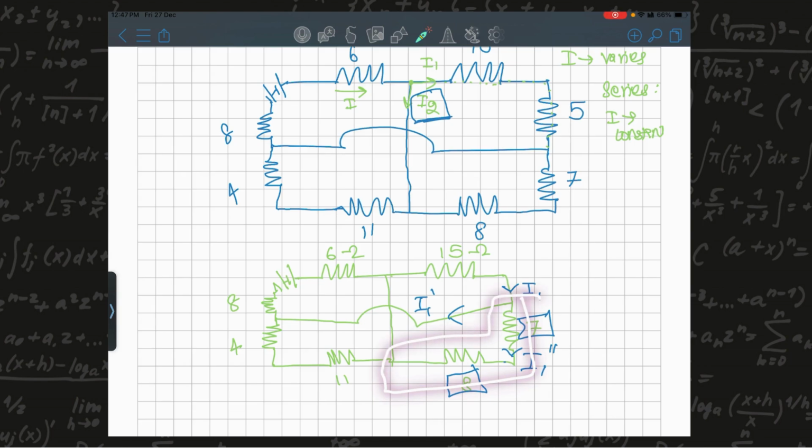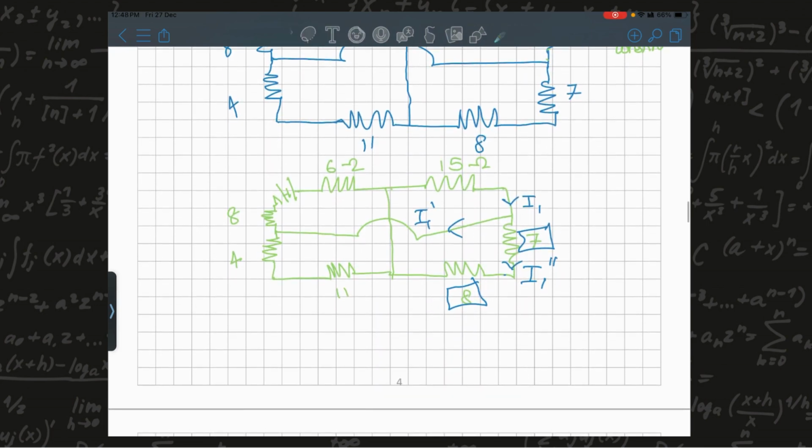So these ohms are going to get added since they are in series. As you know very well, the I1 double dash hasn't been changed. Seven plus 8 is 15 ohms.